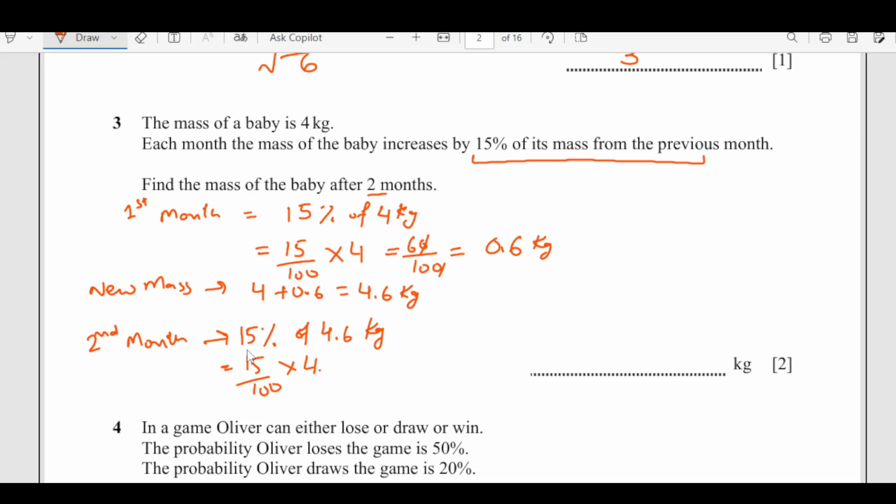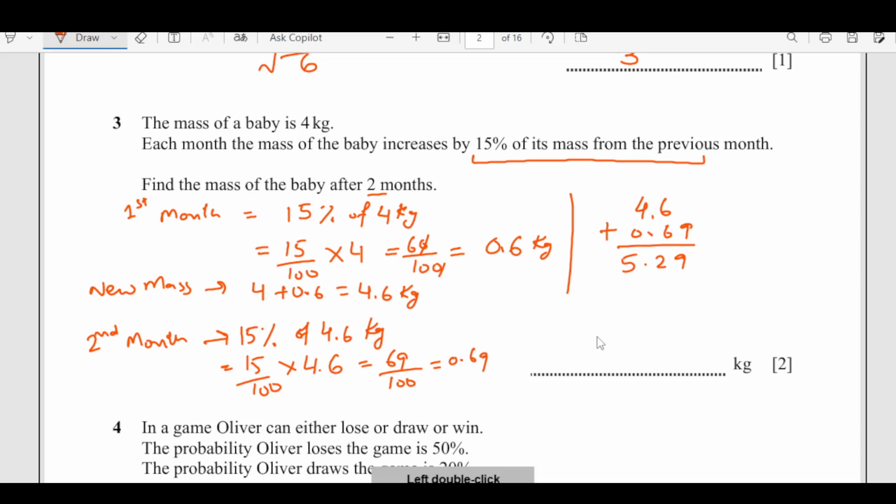You can directly use the calculator for that, because this is the second paper and we can use a calculator. This is 0.69. So the mass after the second month is going to be 4.6 plus 0.69, which is 5.29 kilograms after 2 months.